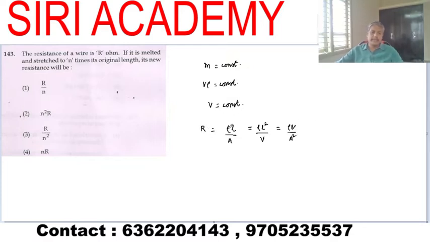So in this case, R is proportional to L square. Let us take this formula, R equal to rho L square by V, because rho is resistivity of the material. It is a property related to the material, so it is constant. Volume is constant. R is proportional to L square. So as length is stretched n times, the new resistance will become n square times. So the option corresponding to it will be n square R.